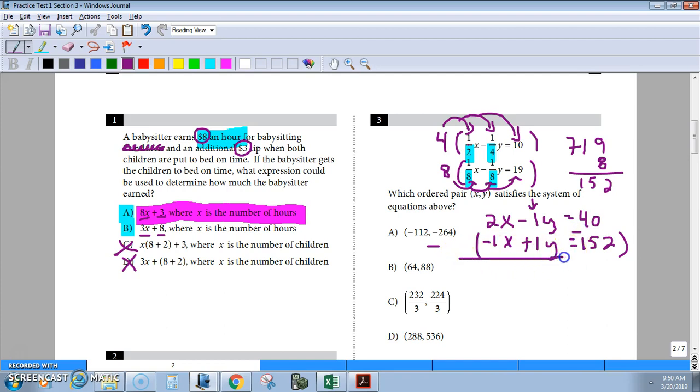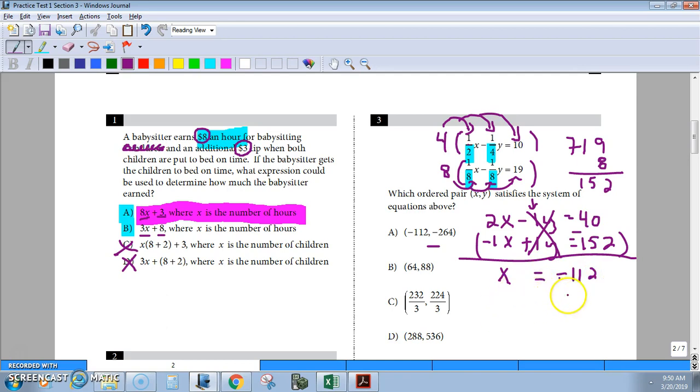Now I just need to combine these, or add them together. So 2x plus negative 1x, or just 2x minus 1x, is just x. And then my y's cancel, and that is equal to 40 minus 152, which is going to be, I believe, negative 112.